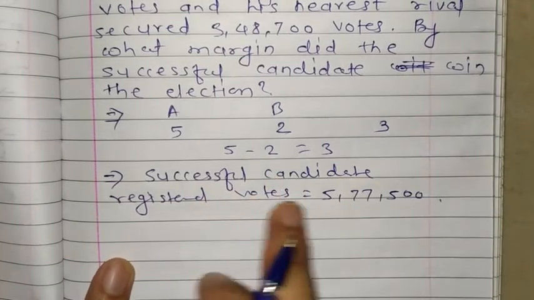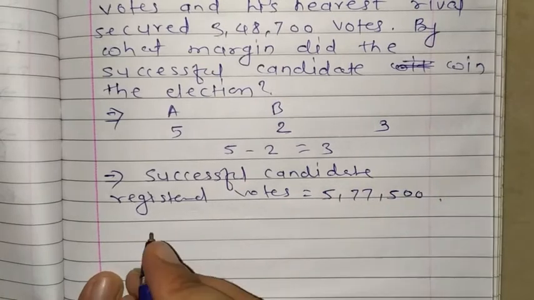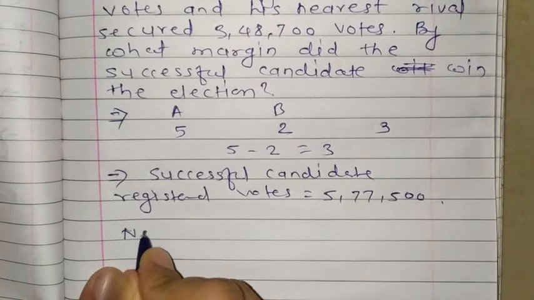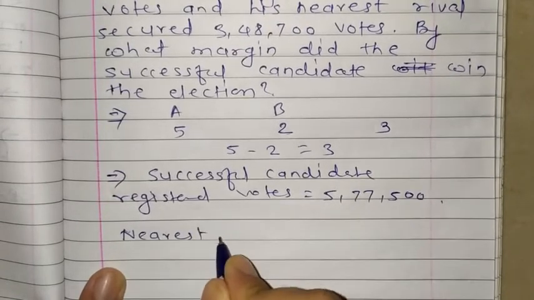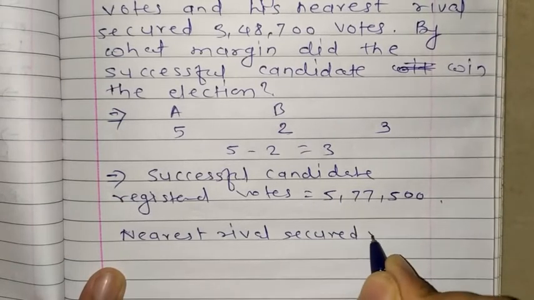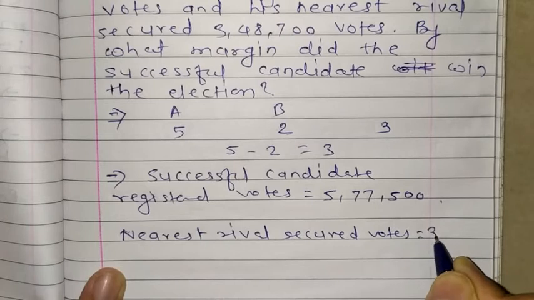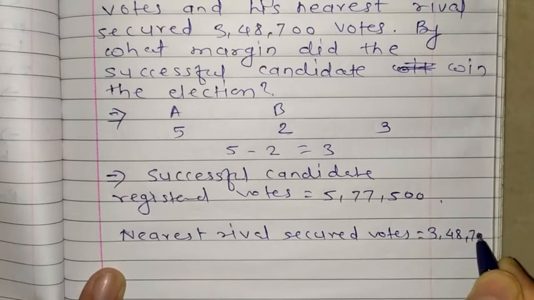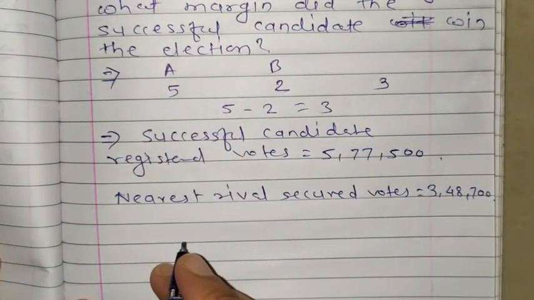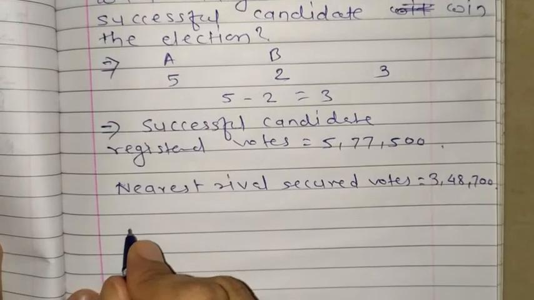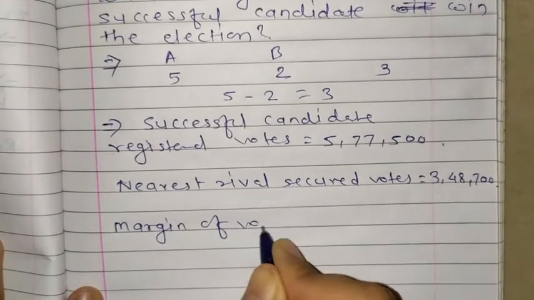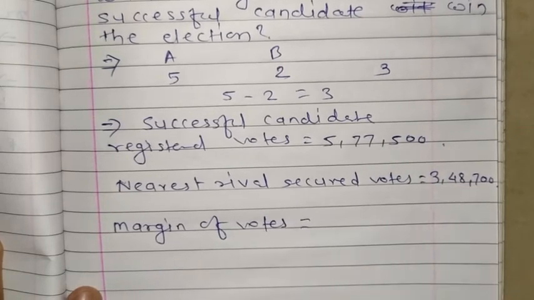So this is the successful candidate's vote, and then his nearest rival secured votes equals to 3,48,700. So they are asking what margin did the successful candidate win the election. So you can write margin of votes equals to.